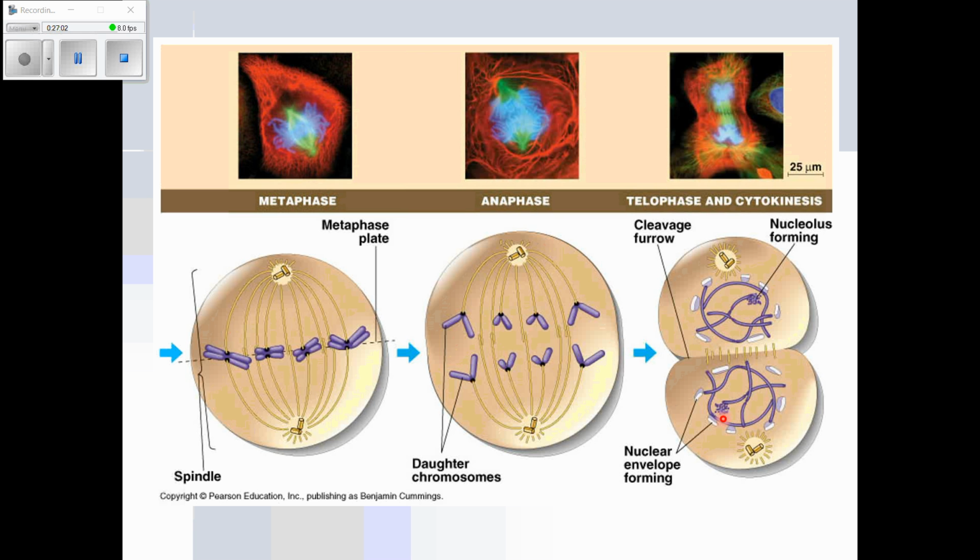In prophase, the chromatin coiled up and formed chromosomes. Now, in telophase, what's happening? All the chromosomes are uncoiling. They're once again becoming long, stringy, thin strands of DNA. Once again, it becomes difficult to count how many pieces of DNA are in this nucleus. So we go back to chromatin.